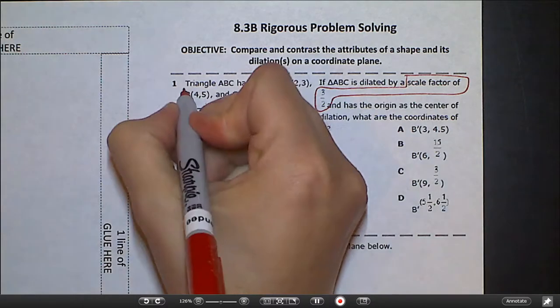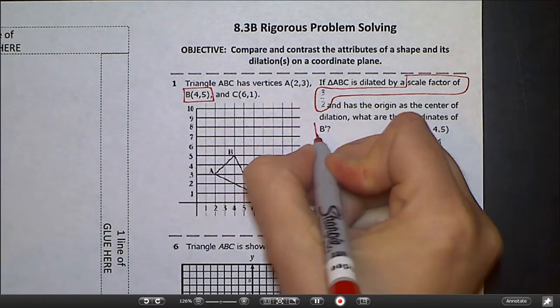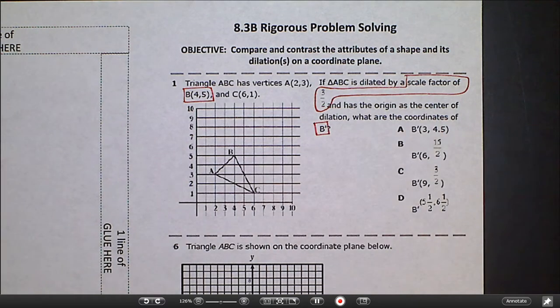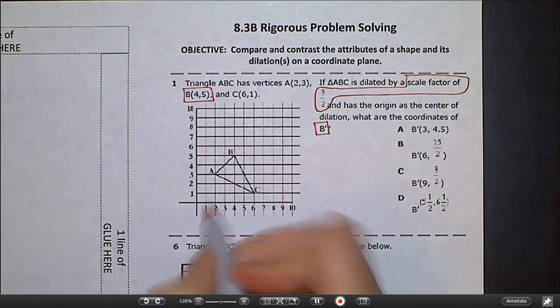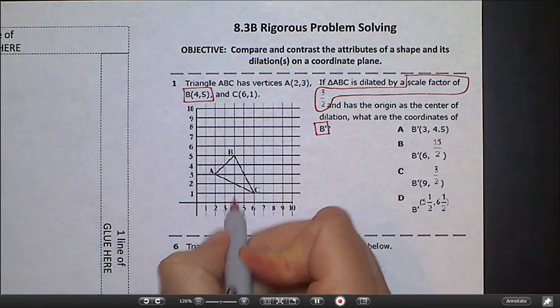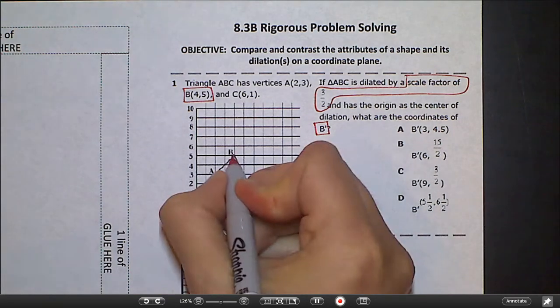So we want to take B and change it into B prime. And it's telling us B is 4, 5, and we can even verify that. That's 4, and then up 5, so that's B.